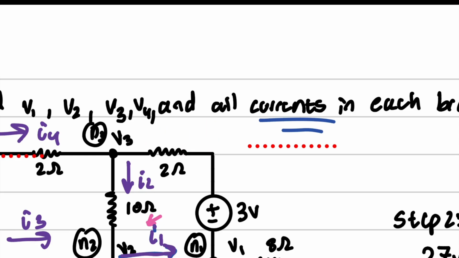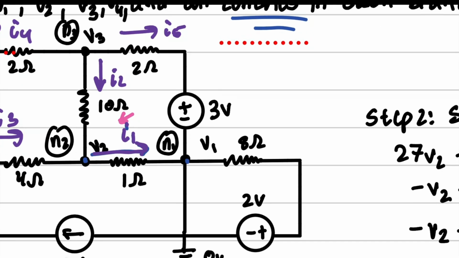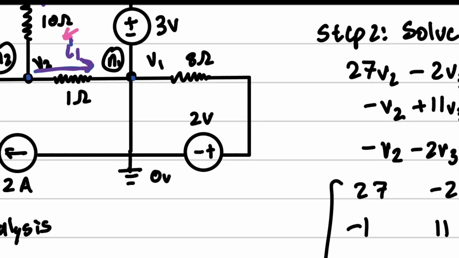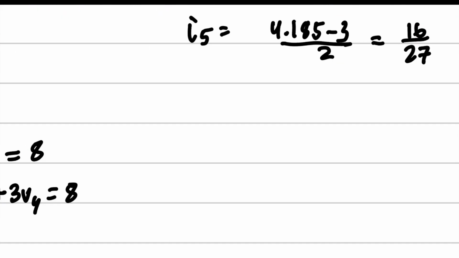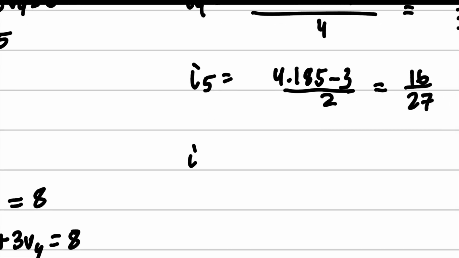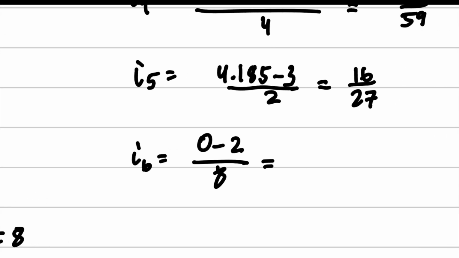Now, we are still missing one branch, and it's this one right here. You can solve for this using Ohm's law, and we're going to call this one I6. Basically, we're going to say that the current is going out of V1, and we start from 0 and we go to 2, and we divide it by 8, and we get -1/4 amps.